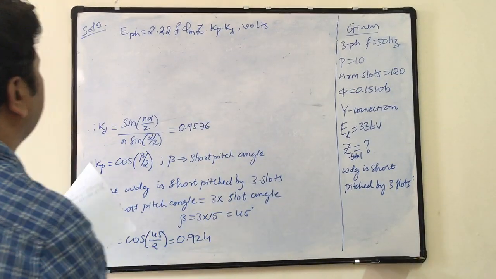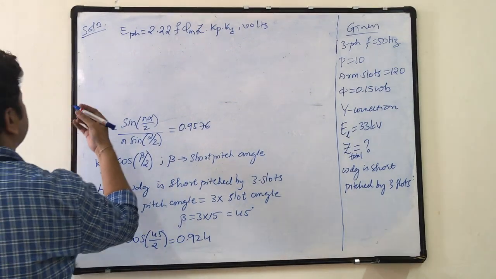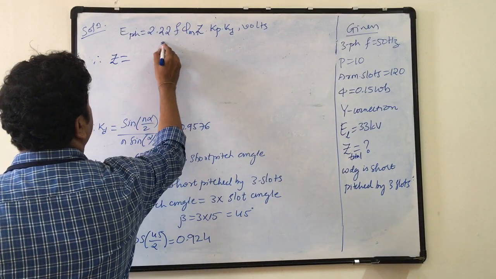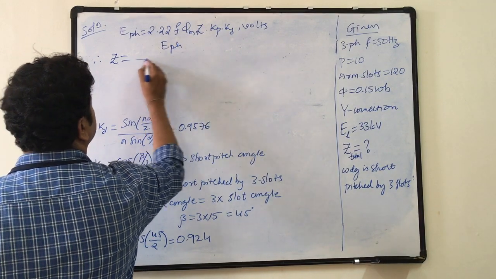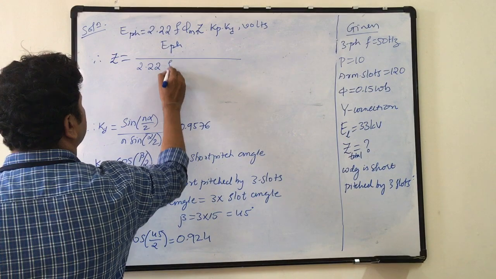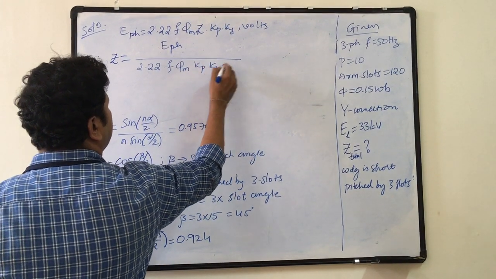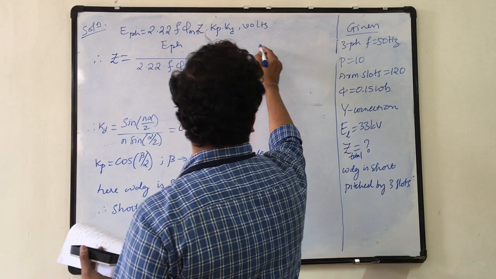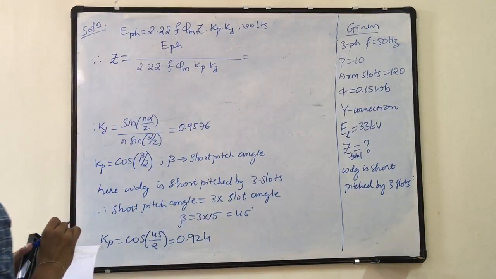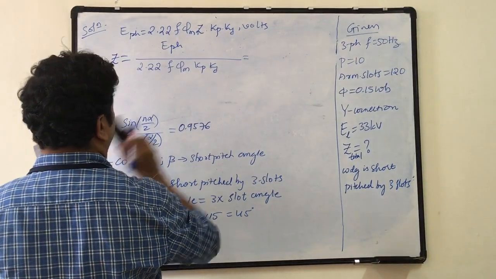Now I know F, I know phi m, I know Kp, I know Kd. Therefore, Z is equal to EPH divided by 2.22 F phi m Kp Kd. I have to find out EPH.